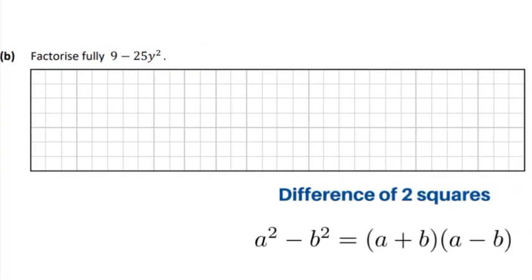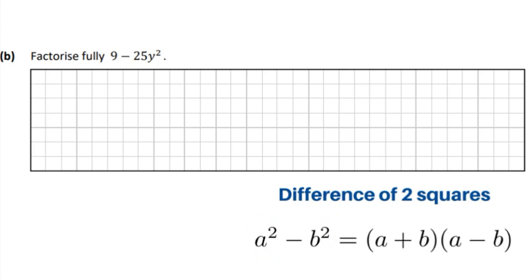Now let's go on to factorizing. When we're factorizing, we're going to convert this expression into two sets of brackets. When we have a square, like a y squared, and we have a 9, which is a square, and a negative, we can utilize this formula.